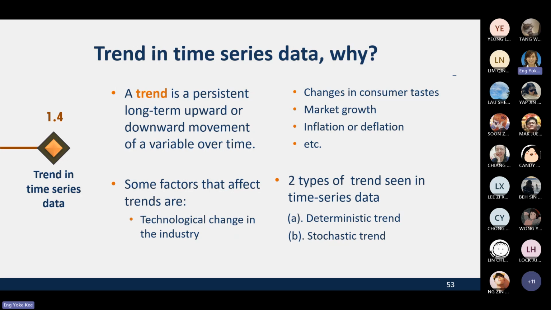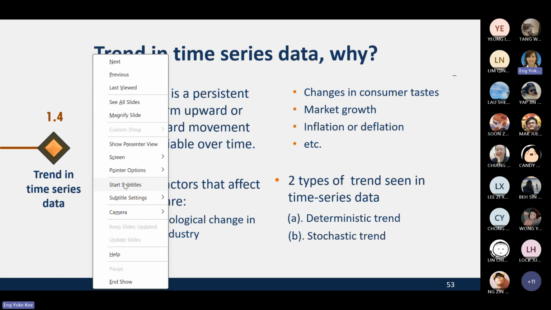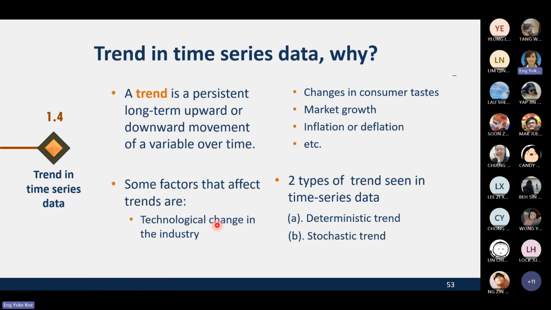What kind of cumulative effects? Most of the time we are not able to observe these cumulative effects. For example, the whole society experiencing technological growth. Okay, so the technological growth here, for example.